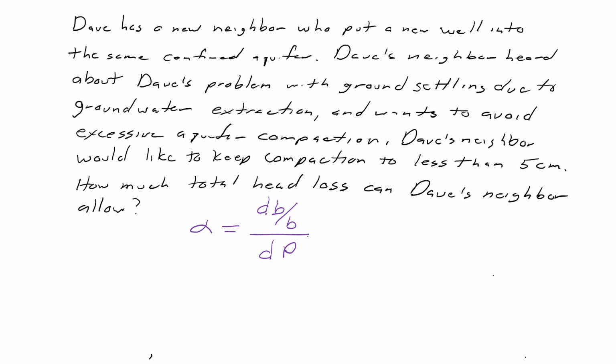And some of the values that came from the previous question were, we have our alpha value from Dave's equation. It's 1.8 times 10 to the minus 8th meters squared per Newton.